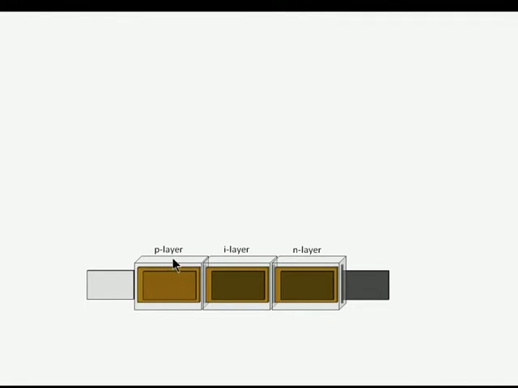After the P layer is deposited, the panel enters the next chamber, where the most important absorber layer, the I amorphous silicon layer, is deposited. Last, the N amorphous silicon layer is deposited, ending the formation of the photovoltaic PIN junction. In this example, the panel is stationary during the deposition of the films.